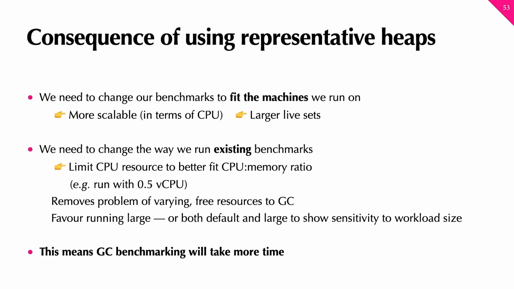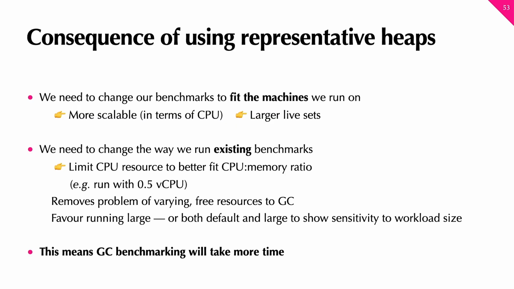So that, to some extent, removes problems with varying the free resources that we give to GC, because we're removing some of the free CPU. And I would also say that we should favor running these large workloads that are already there, right? That Steve's group has already engineered for us, instead of the default ones, or maybe run both to show the sensitivity to workload sizing, right?